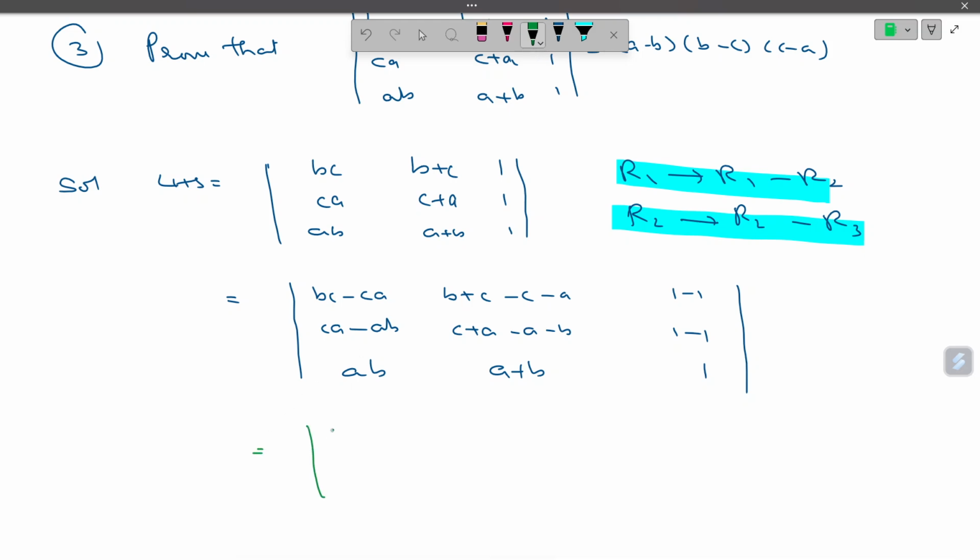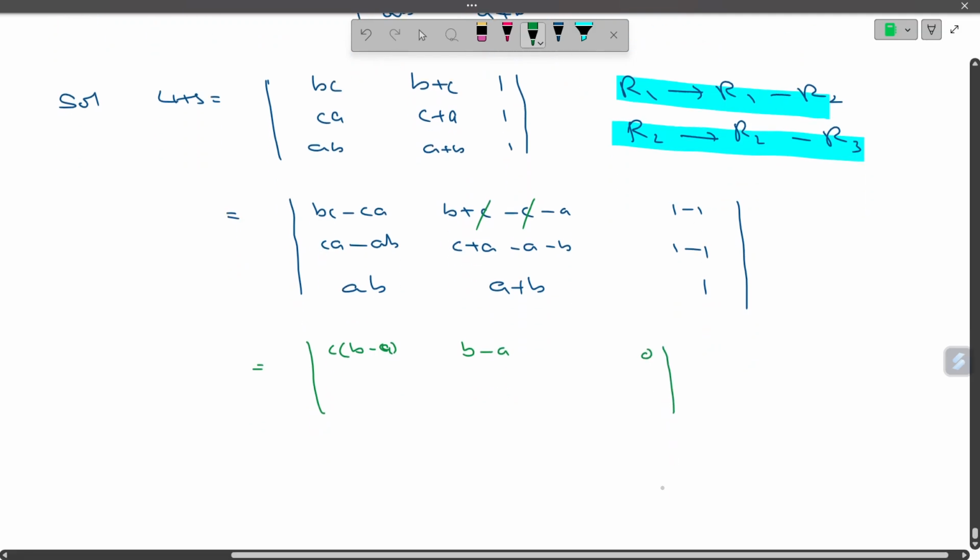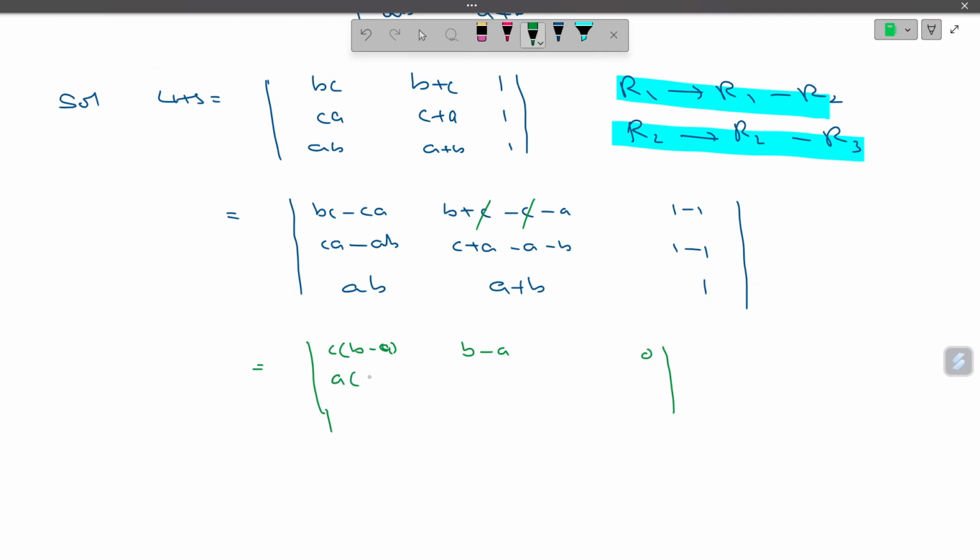Now here C is common. I am taking C common. It is B minus A, C getting cancelled. This is B minus A. 1 minus 1 is 0. 1 minus 1 is 0. From here, I can take A common.